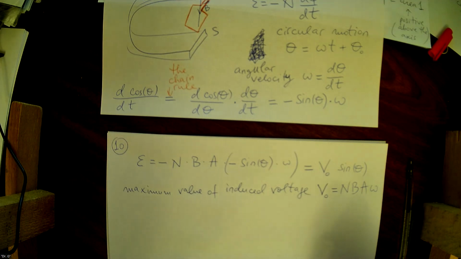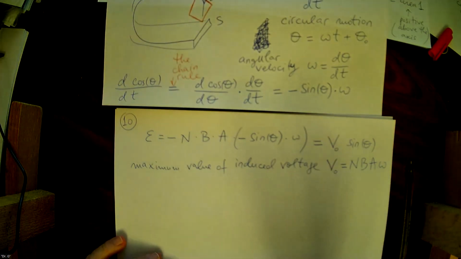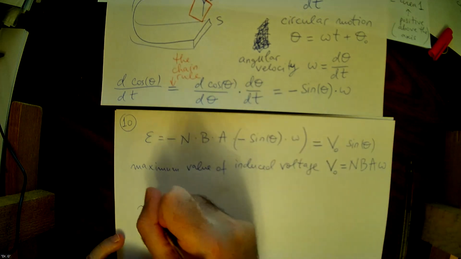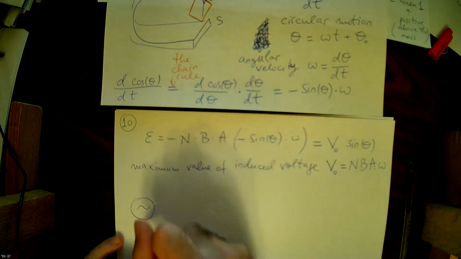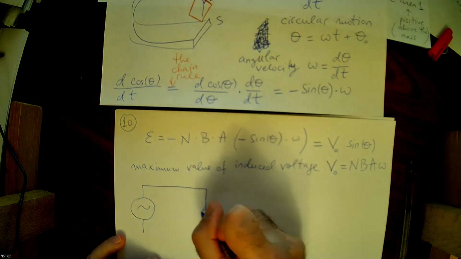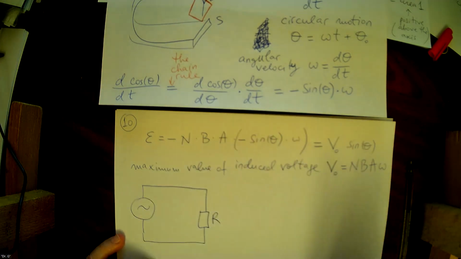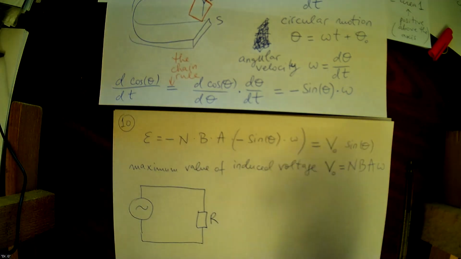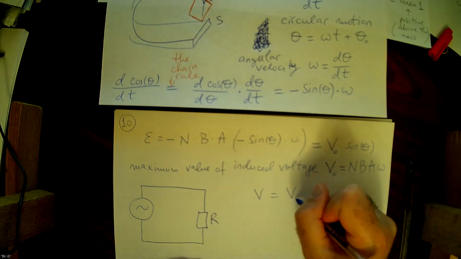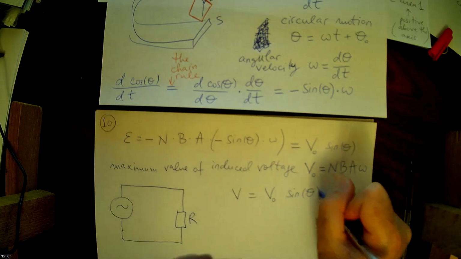Okay. So now let's visualize this AC generator connected to a resistor. The voltage on the resistor, as we've seen, is V0 sine of theta.